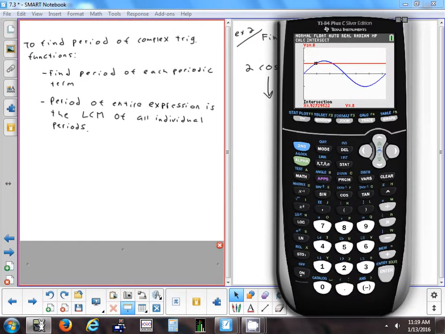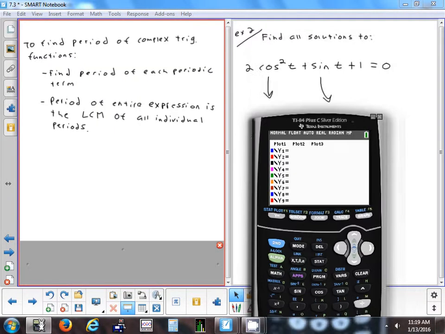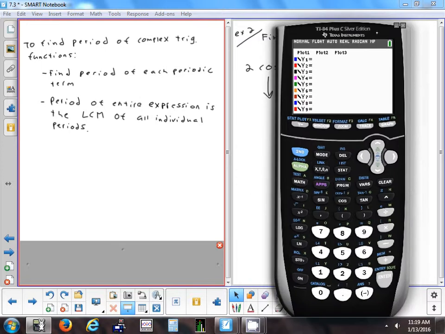All right, so let's graph cosine squared. Okay, the way you write cosine squared on paper is like that. Okay, but we can't really type it in that way on the calculator. Okay, if you want to type in cosine squared, we need to type in cosine of x, squared.